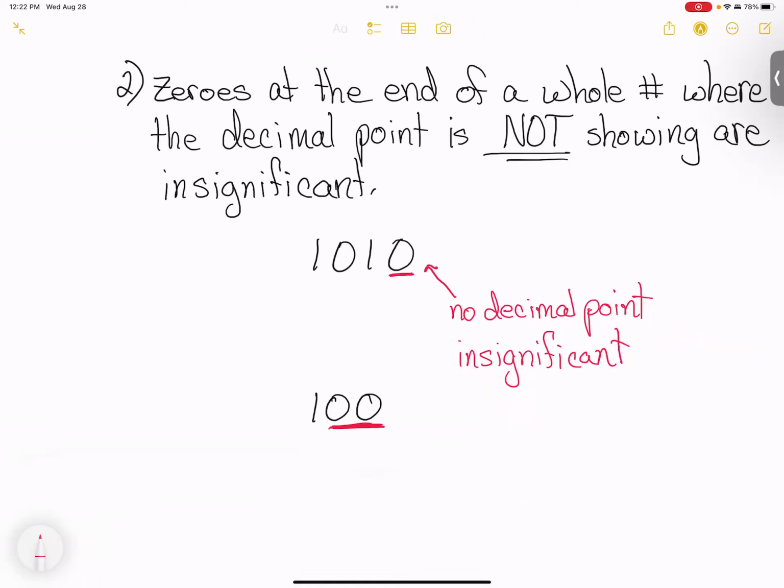Zeros that occur after a non-zero digit at the end, since there is no decimal point showing, are insignificant.